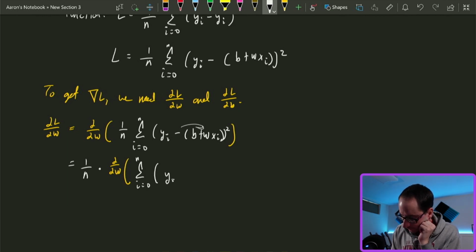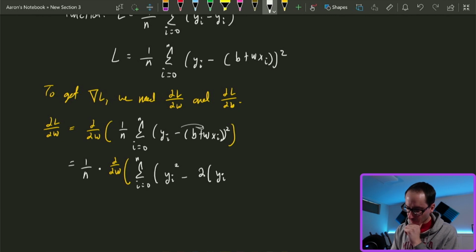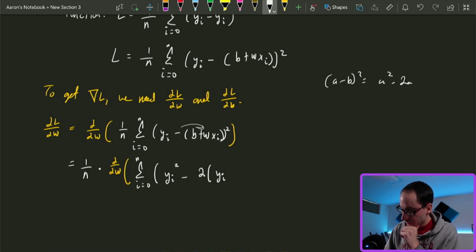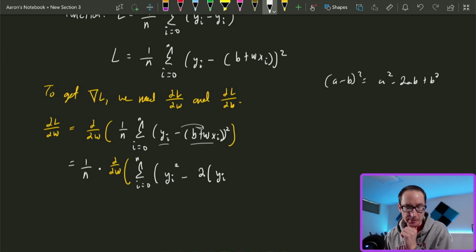So I'm going to have my yi squared, and then minus 2 times yi. You've got like a minus b squared is a squared minus 2ab plus b squared. So I'm just doing that with my a's and my b's here. B is a bad choice there as an example, but I think you get the point.